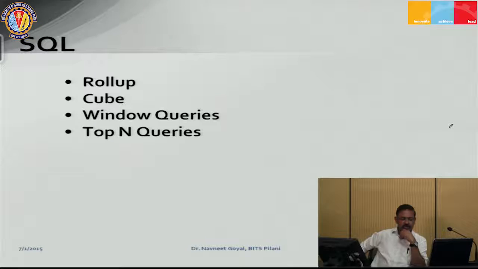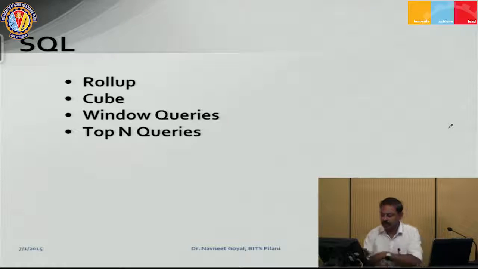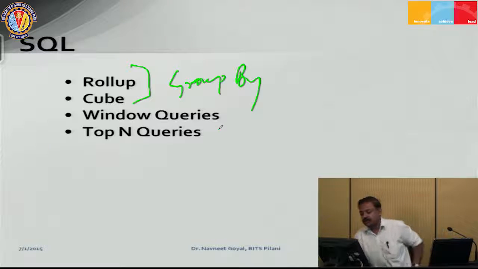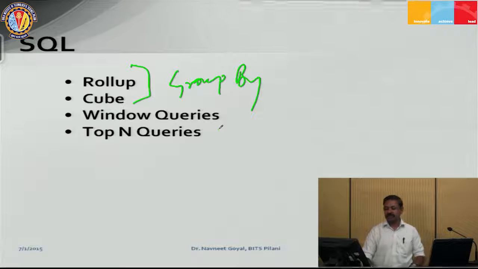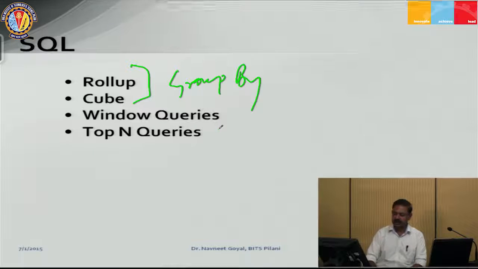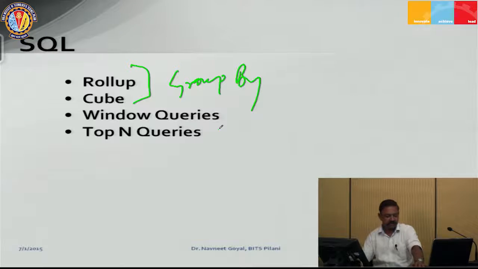And the first two, rollup and cube, are very closely linked to the group by, because both of these are talking about aggregation, so they are very closely linked to the group by operator in SQL. So let us look at these features, operators, one by one.